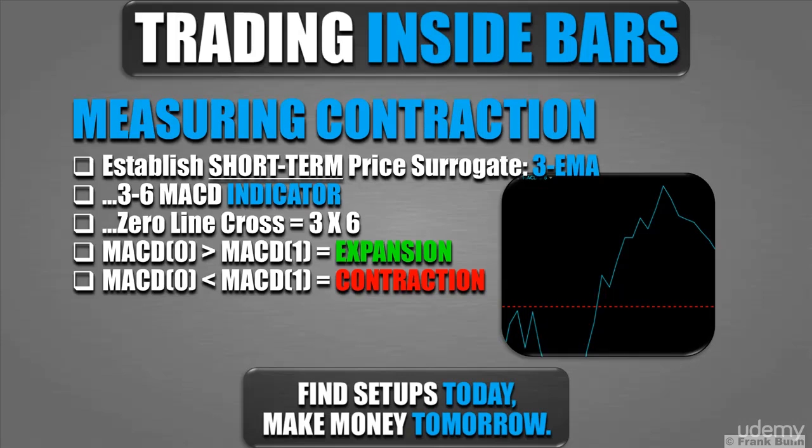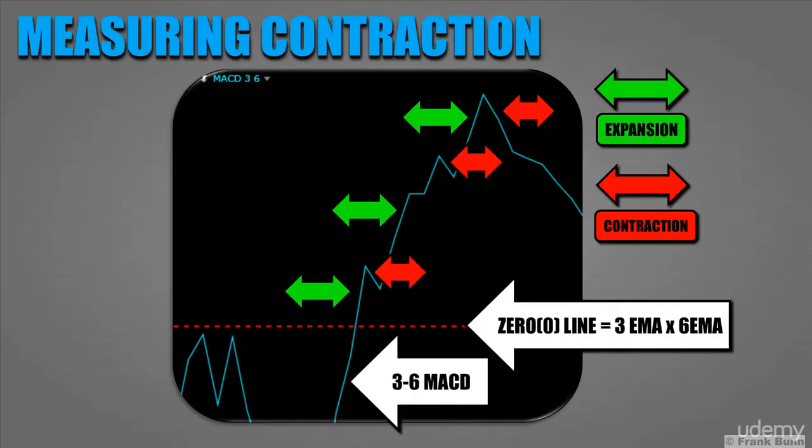When the MACD of the current index is greater than the previous index, we have expansion. When the MACD of the 0 index or current index is less than that of the previous index, we have contraction. Let's take a look at this more closely.